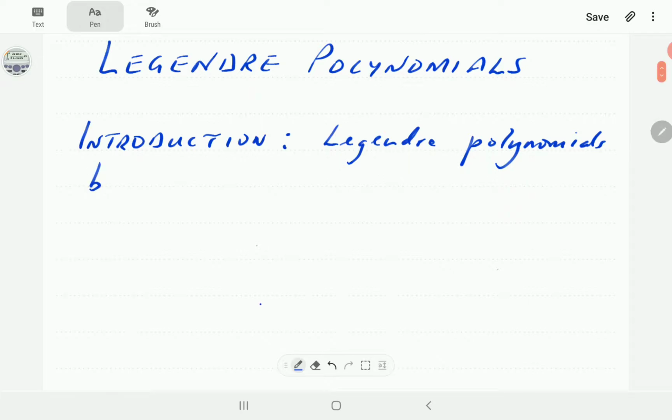So these polynomials belong in the class of orthogonal polynomials.